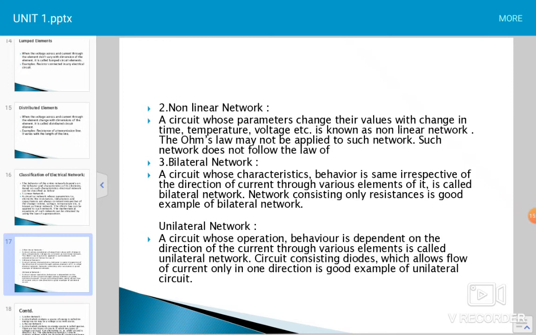And the bilateral network is a circuit whose characteristic behavior is the same irrespective of the direction of current through the various elements in it. Whatever direction it conducts in doesn't matter, it conducts both ways. And the unilateral network, as I said earlier, is the type of network which conducts only in one direction.